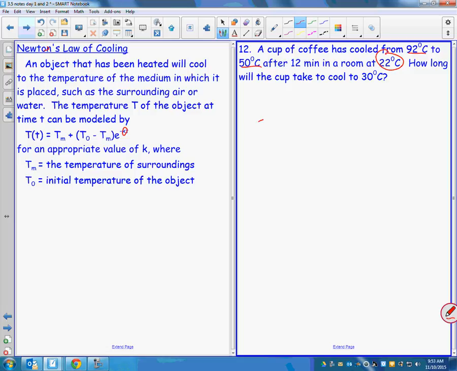So I think we would say 50 equals surrounding was 22 plus the original was 92 minus 22 times e to the negative, how many minutes did it take? 12 minutes, so negative 12k. They give you everything but what k is.